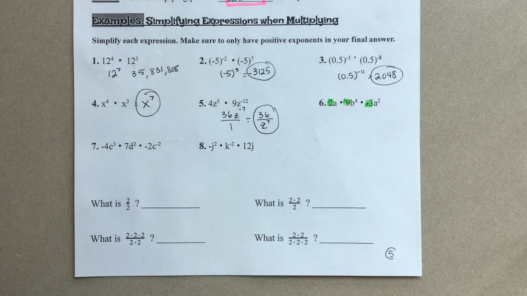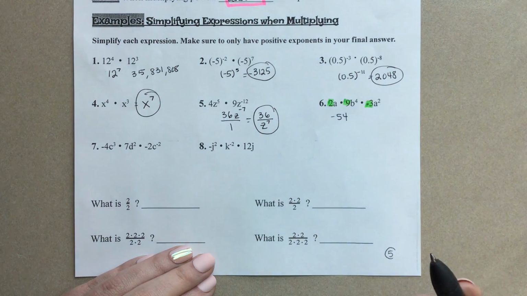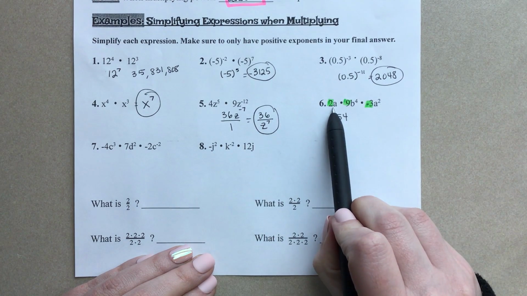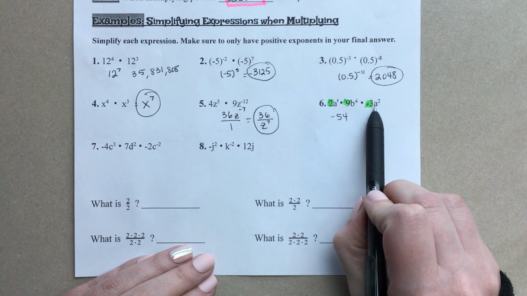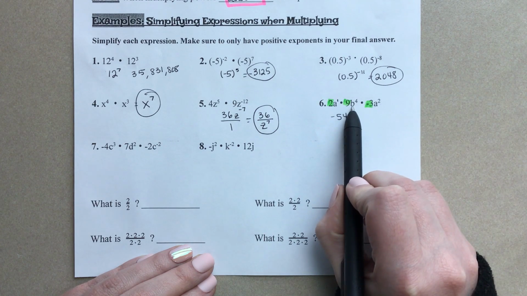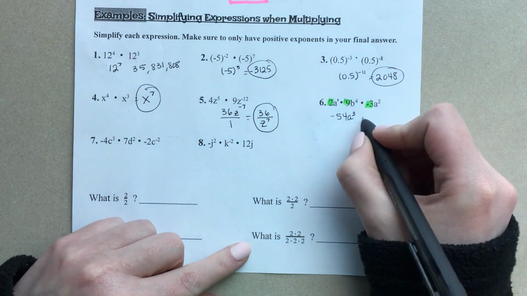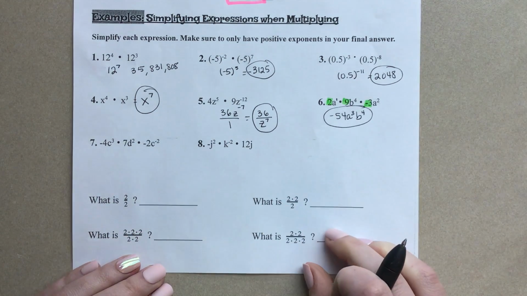When I multiply all of those together, I get -54. Then look at your a terms. I have a, if there's no exponent, it's a 1. So I have a to the 1st and a to the 2nd, which becomes a to the 3rd. And then I have b to the 4th that I still need to put somewhere. It can't be combined with anything, so it's just b to the 4th like that.